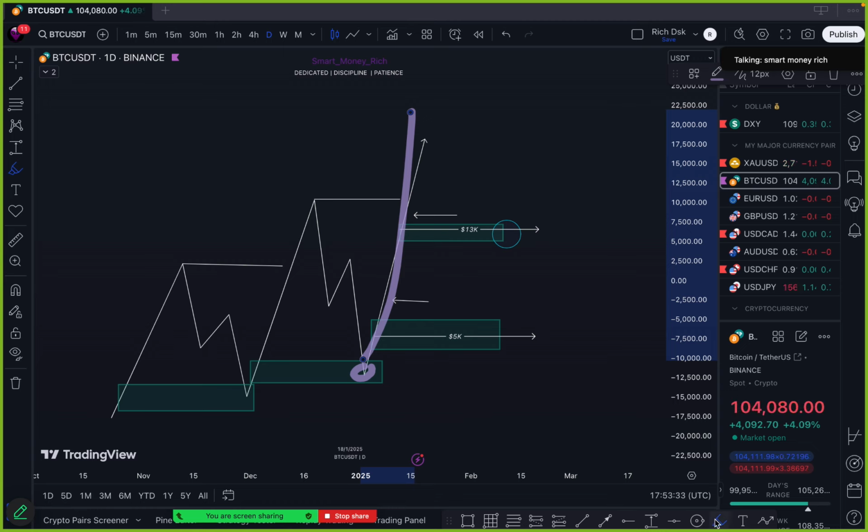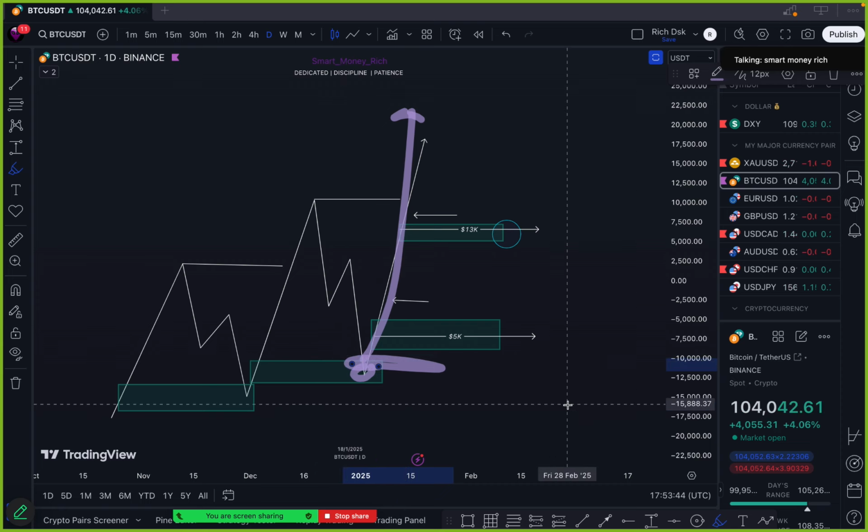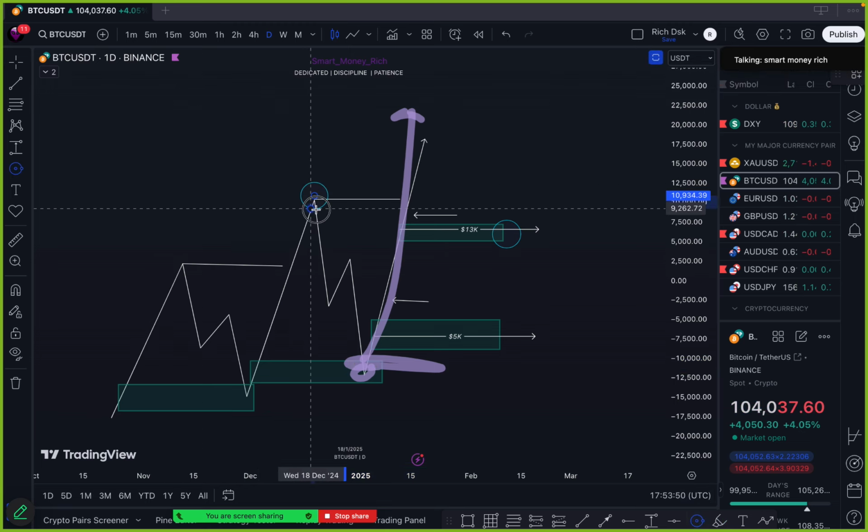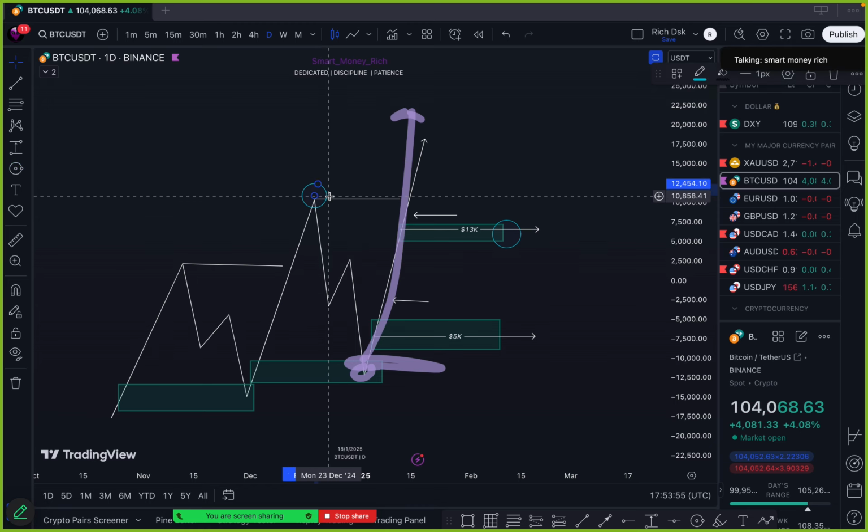Now, this whole impulsive move to the upside was caused by the buyers at this structure point. And you remember that during the market structure, I said once price takes out a previous high, in this case this high, then profit taking is going to take place.